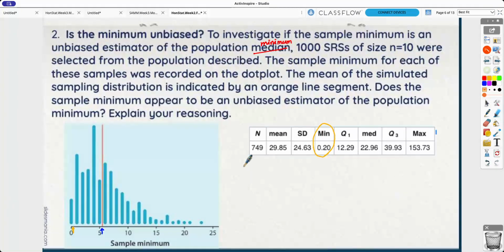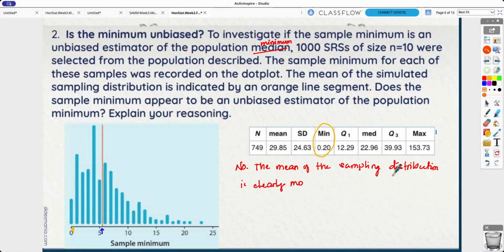And so we can say that no, the mean of the sampling distribution is clearly way more than the population minimum of 0.20.